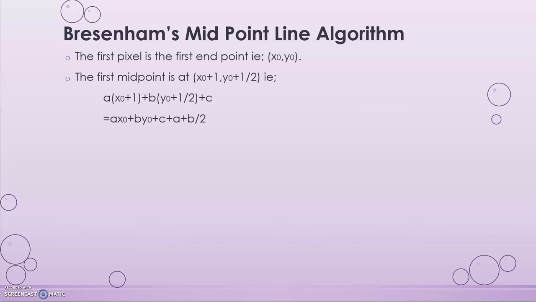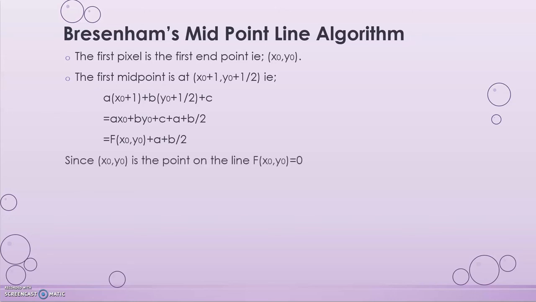We are expanding the terms. Now f(x0, y0) + a + b/2, because a x0 + b y0 + c means f(x0, y0), and the remaining terms are a and b/2.